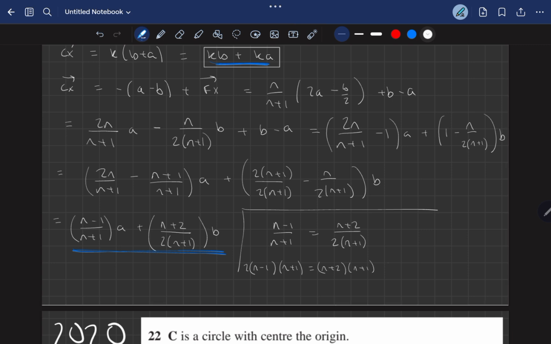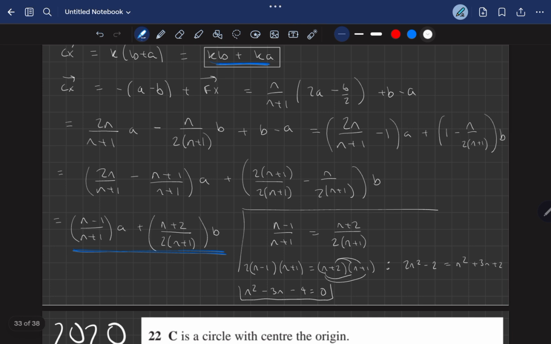If we expand this out, this is a difference of two squares times 2, so 2n squared minus 2 is equal to n squared plus 3n plus 2. Now let's bring all the terms to one side: subtract the n squared, subtract the 3n, subtract the 2. We get n squared minus 3n minus 4 is equal to 0.